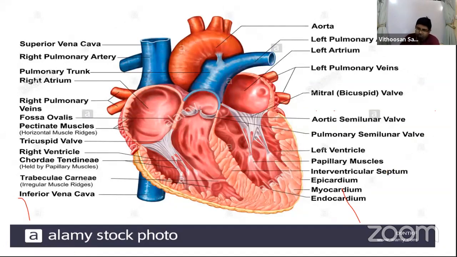Similarly, on the left side, the mitral valve is connected to the papillary muscles by chorda tendineae.